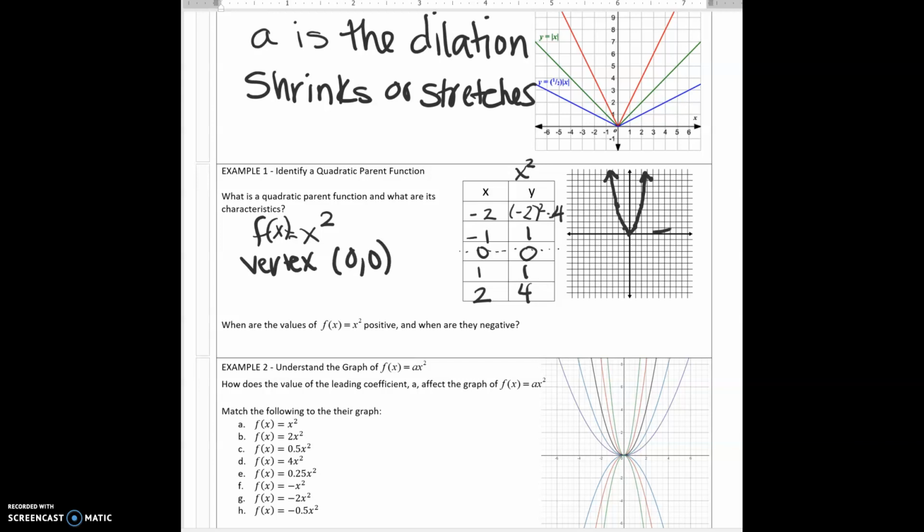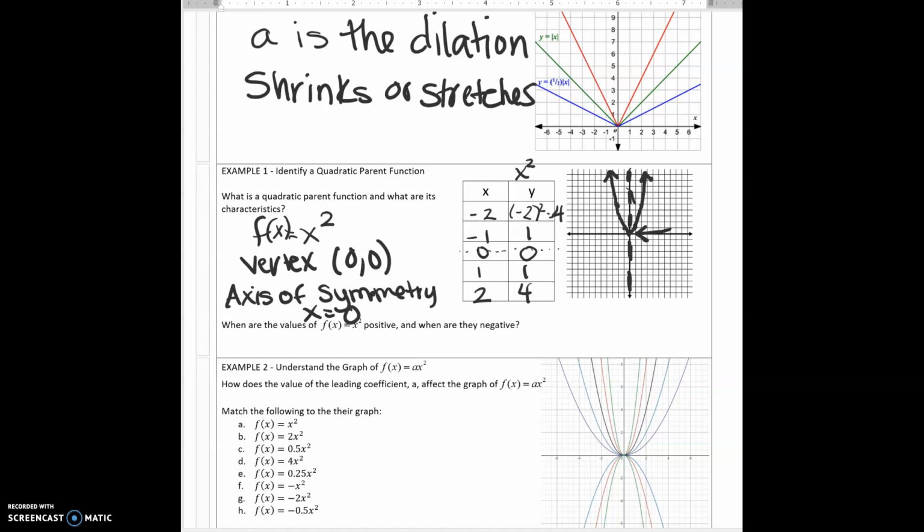So this point right there where we can cut it in half, the middle point. The axis of symmetry would be where we can cut it in half, which is right in the middle here. And so the equation for that line is x equals 0.